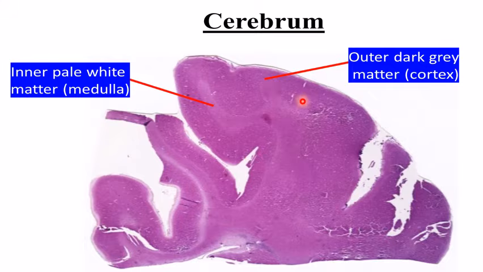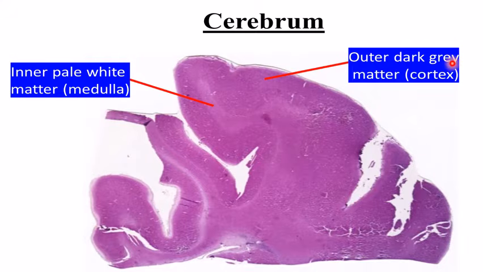The outer part is dark gray matter, and it's called the cerebral cortex. Here, the gray matter is different than that of the spinal cord. The gray matter in the spinal cord was central. Here, the gray matter is at the periphery, at the cortex.